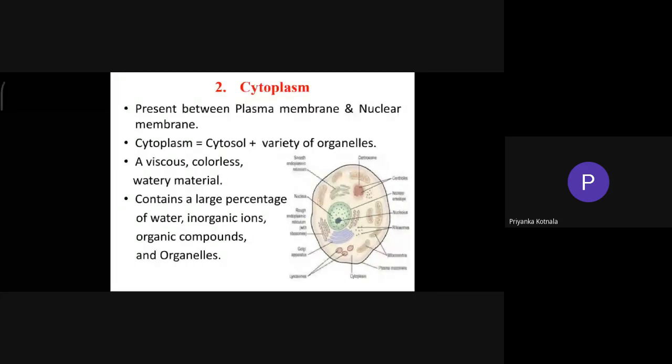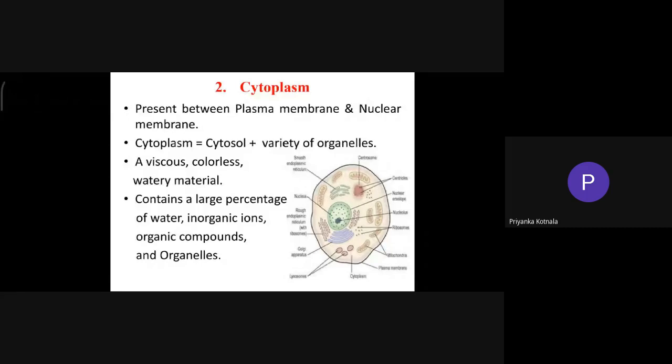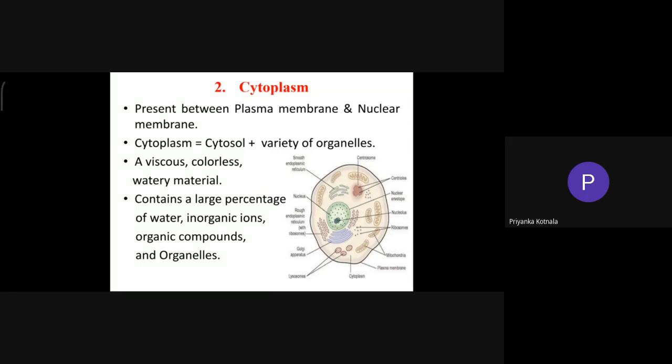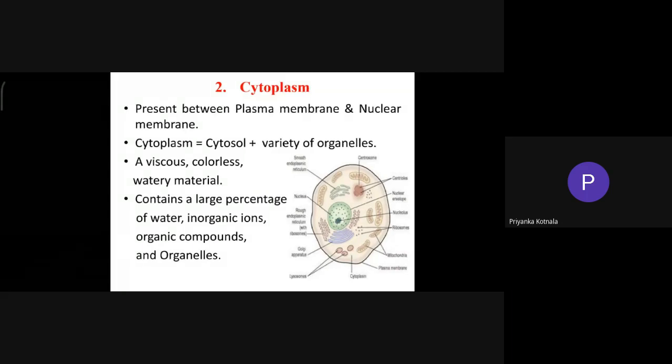So nucleus does not come under cytoplasm or cytosol. So is it clear what is cytoplasm and what is cell membrane and what is nucleus? You can see here a clear picture of a cell.